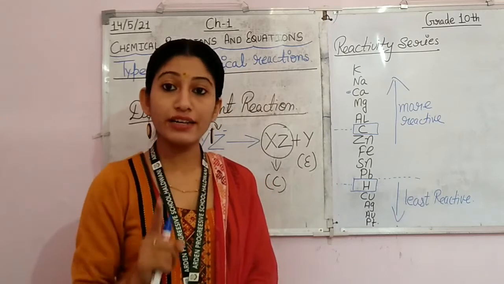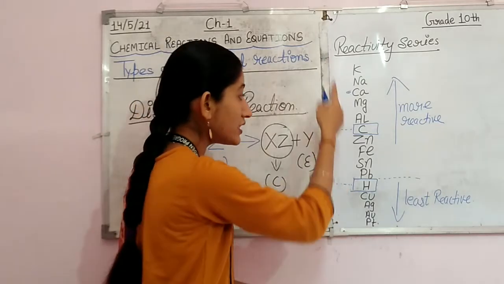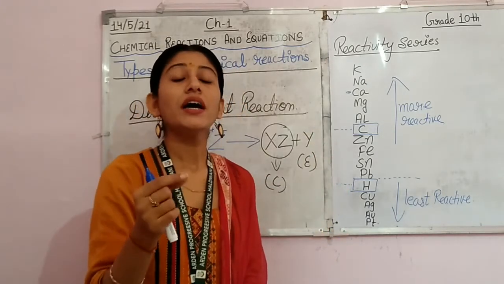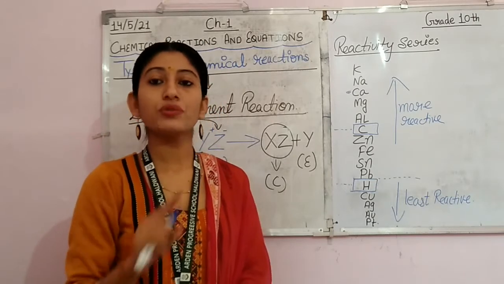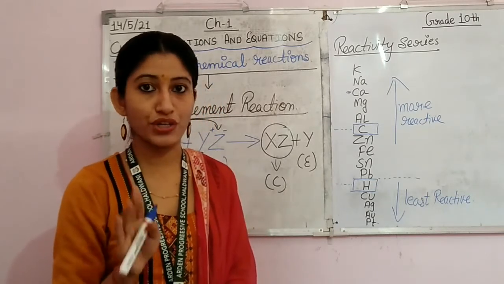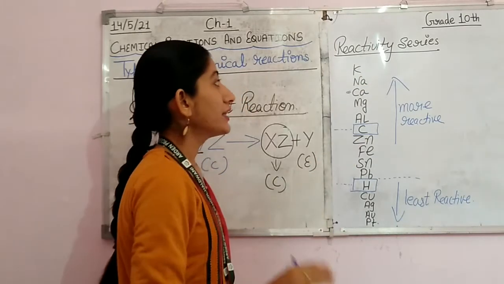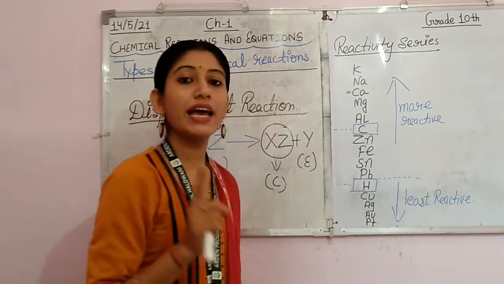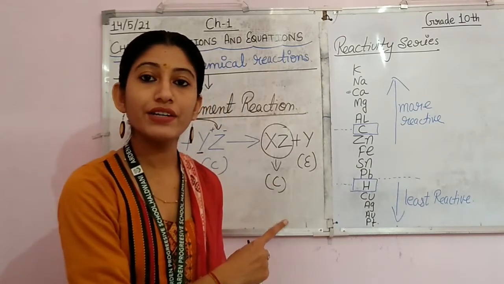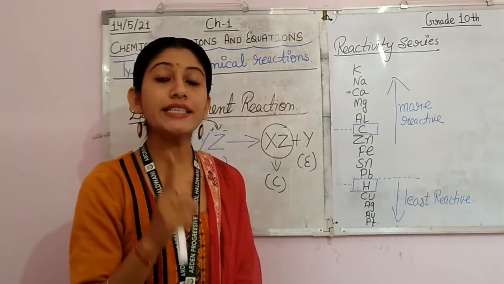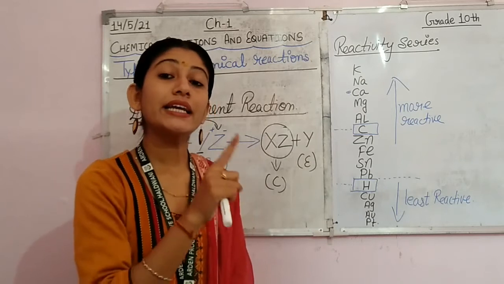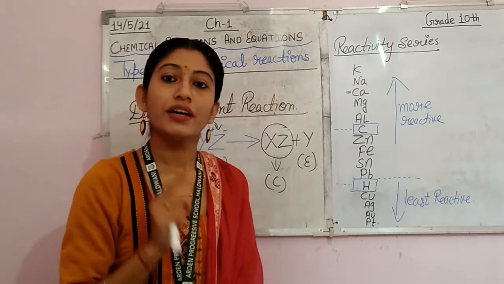So that's why when we mention this reactivity series, we put one marking line related to carbon as well as hydrogen. Okay. So I hope it is clear to everyone that this is the reactivity series, and this reactivity series decides which metal can replace which one.